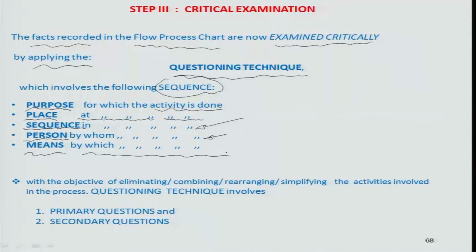For example, it may be loading and unloading of a material box from a truck, which may be done by a forklift. So, you are using the means, which is the forklift, by the person who is doing the loading and unloading, and that is probably at some kind of dockyard where this container or this part is stored.